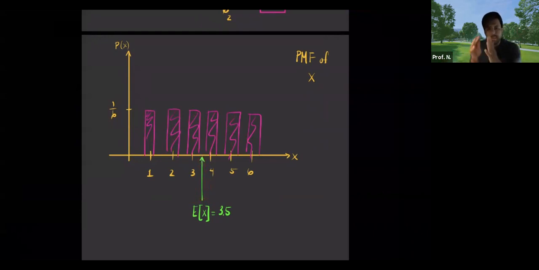Where would you put that point? Well, you would put it exactly where the expectation is, right in the middle for this particular problem. There might be other PMFs that are not symmetric in this fashion, but you can always find a particular point where you can balance out the probabilities, and that's what the expected value also can represent. Okay.